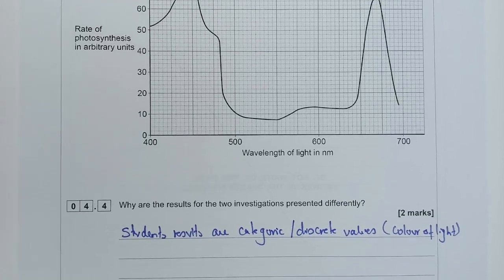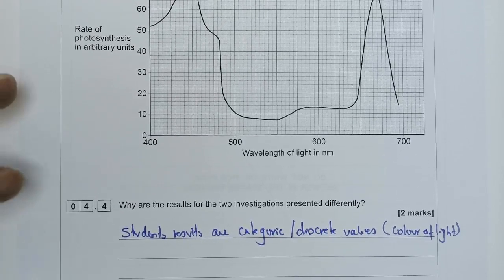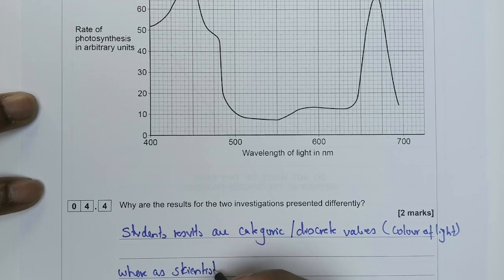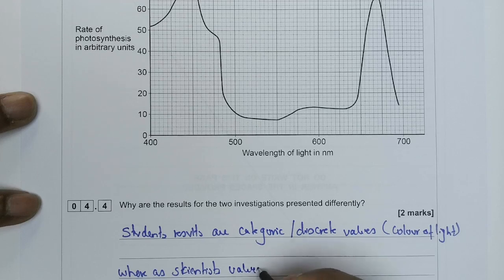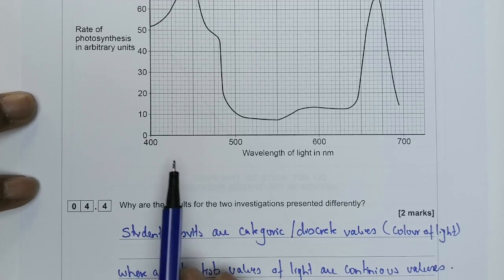Those are discrete values. You either have red, blue or green, so you can put it only into categories. Whereas the scientists' values of light are continuous values, which is basically numbers.